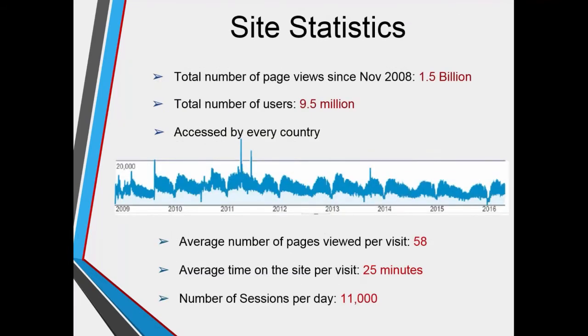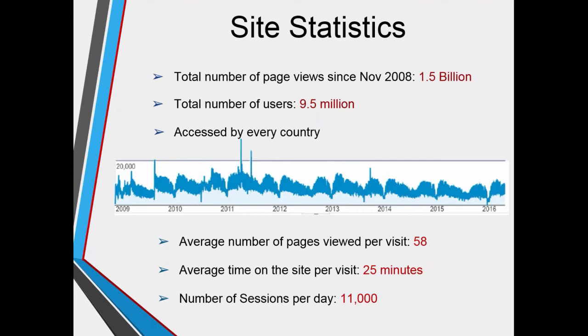So USA Learns is really quite popular. It's been around a while, and it's been used by a lot of people. Since November 2008, when the site originally launched, we've had more than 1.5 billion page views. That's a lot. We've had more than 9.5 million users come to our site to learn English free, and our site has been accessed by every country in the world.